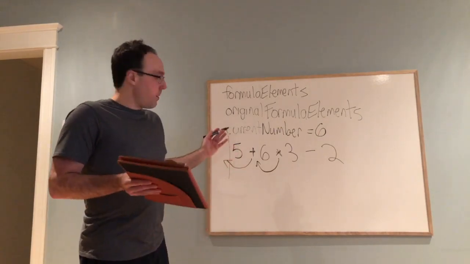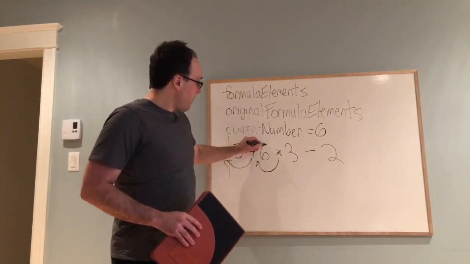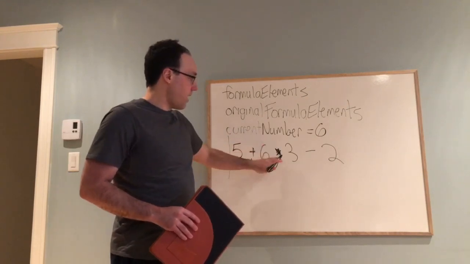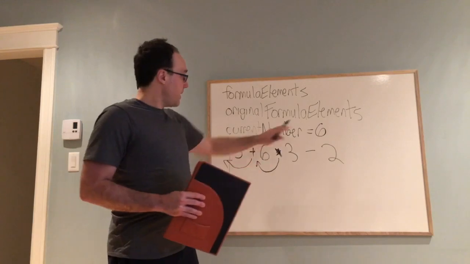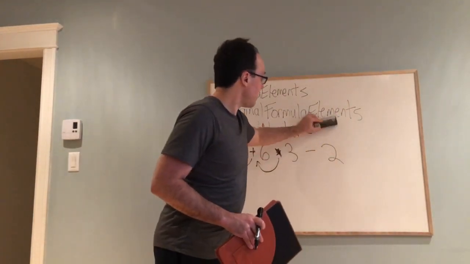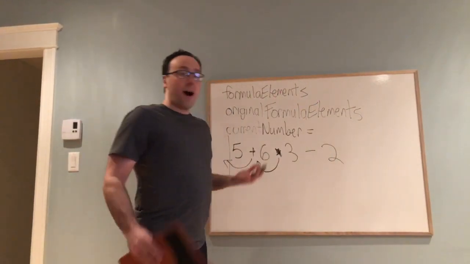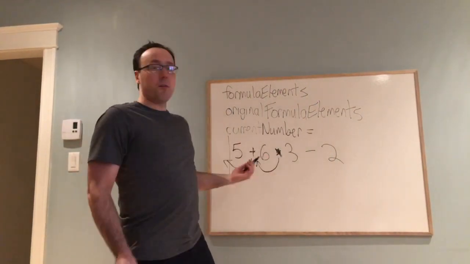So in this case, I don't worry about it, okay? And I add my 6 to my array, and I add my multiplication symbol to my array, all right? I reset my current number variable, okay? And now I let the user, they can now start typing whatever buttons they want.